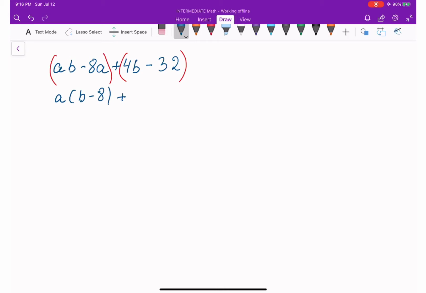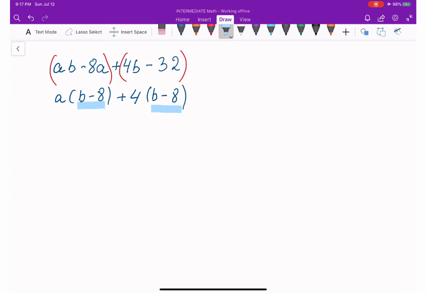Plus 4B minus 32. What is going to be the common factor here? It's going to be 4, because 4 you can divide by 4 and 32 you can divide by 4. So I will have here B minus 8, since 32 divided by 4 is 8. Okay, what we get? B minus 8 is a common factor for these two terms, right?